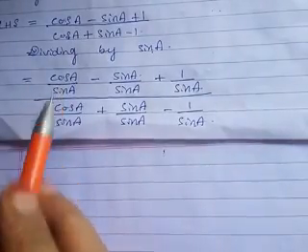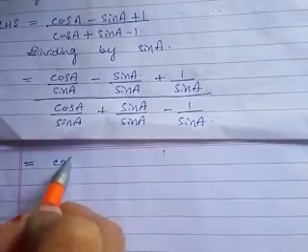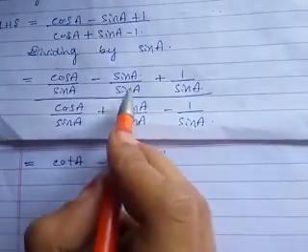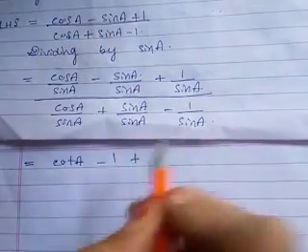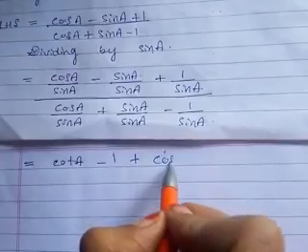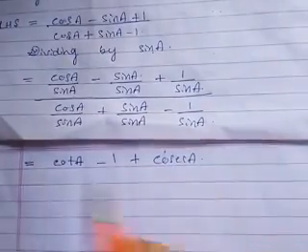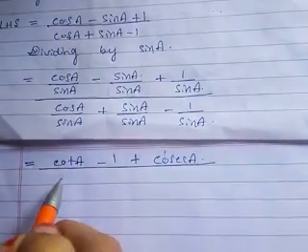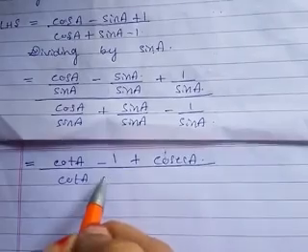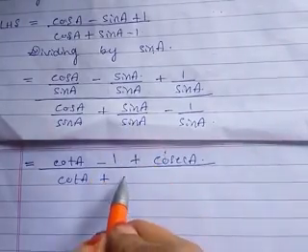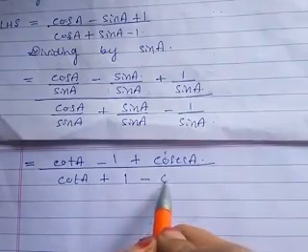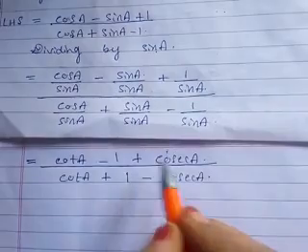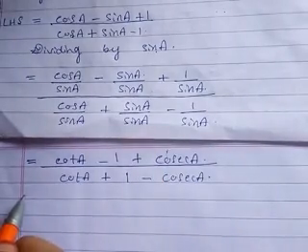Next, cos A by sin A is cot A, minus 1, sin A cancels, plus 1 by sin A is cosec A, whole divided by cot A plus sin A by sin A, 1, minus cosec A. Now let us rearrange the terms.